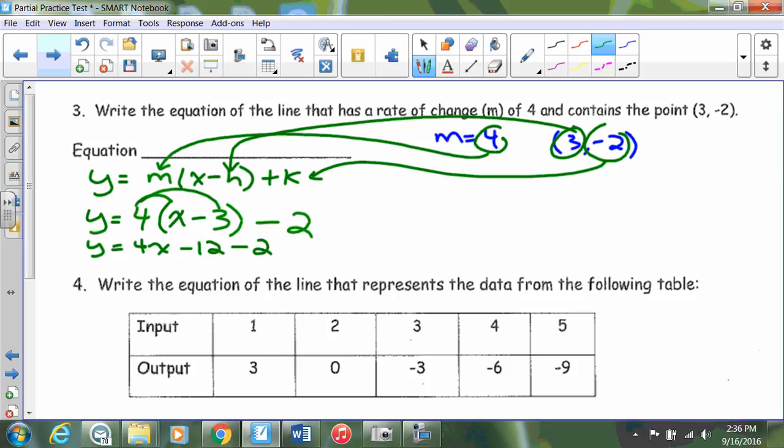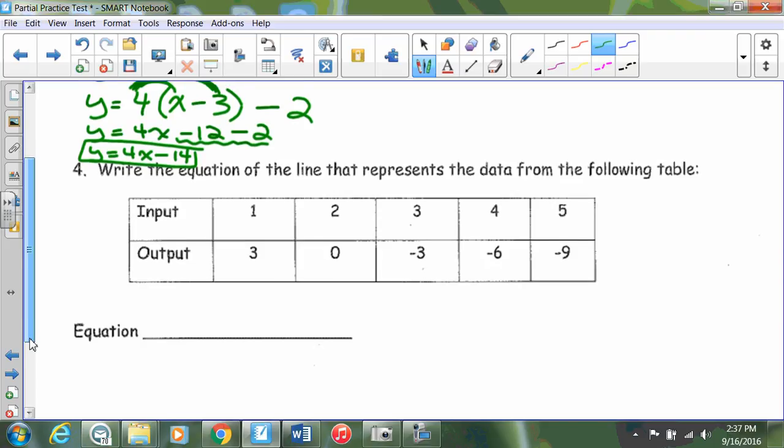And our last step is we combine these two like terms, so we'll have y equals 4x minus 14. Don't forget when you're distributing to distribute to that second term as well, and then combine those like terms, and the equation is 4x minus 14.